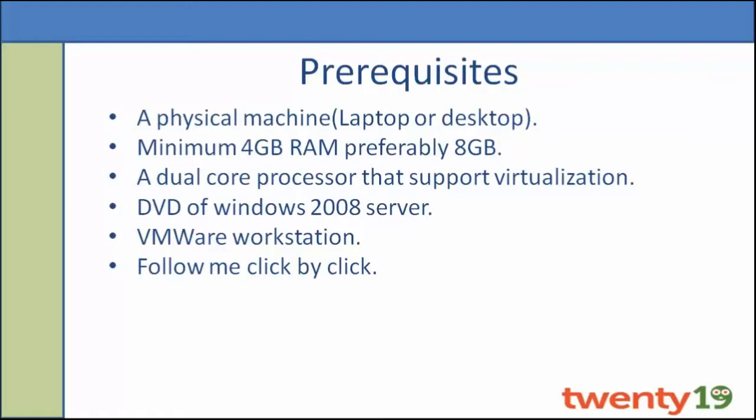Then we would need a dual core processor that supports virtualization. If you go into your computer's BIOS, you would see virtualization support in the motherboard features. You have to enable that. Most of the motherboards will have virtualization support, so we don't need to worry about that.